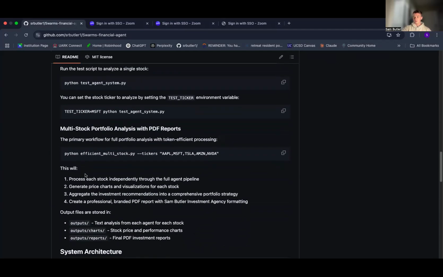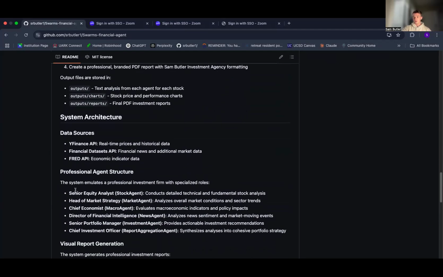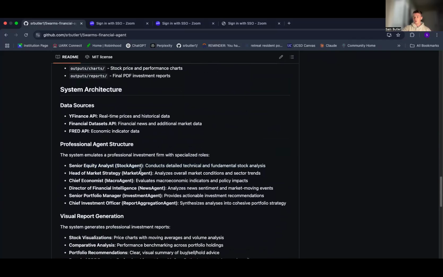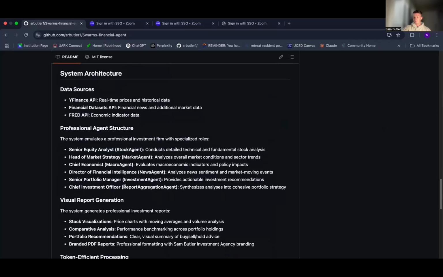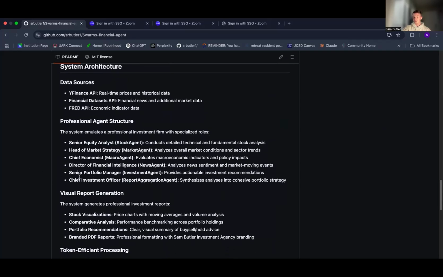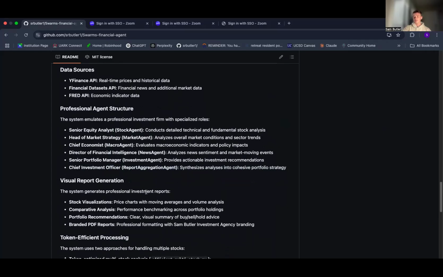So essentially, I've got my senior equity analyst, head of market strategy, chief economist, senior portfolio manager, and then a chief investment officer. And what they actually do is within the parentheses.